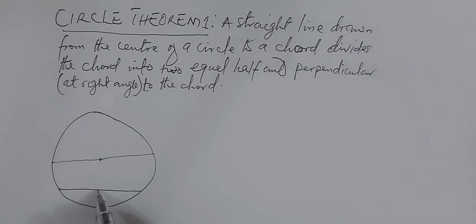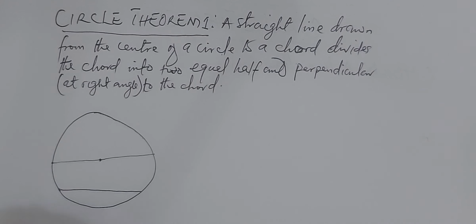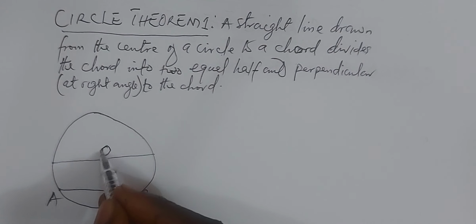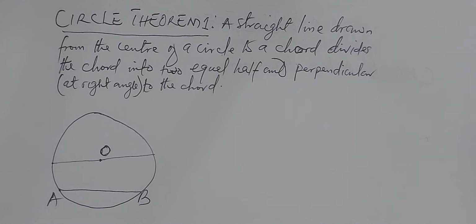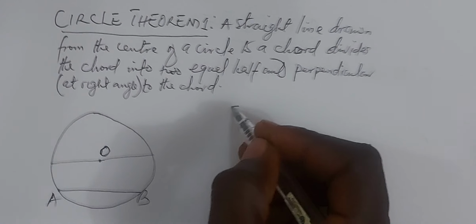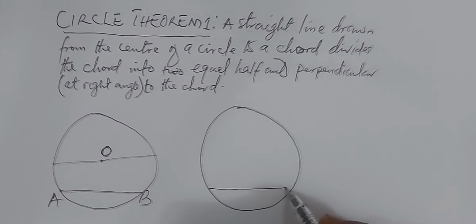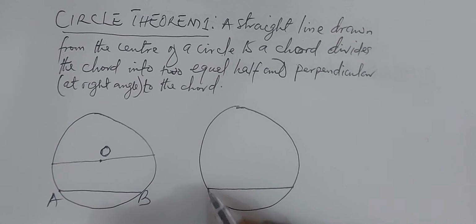A chord, for example, joins A to B. This could be the center of the cycle. Let this one be the center of the cycle. All right? And so, let me draw another one and talk about it. This is a chord. Okay?